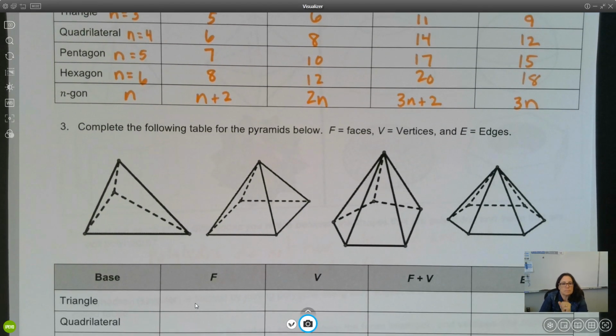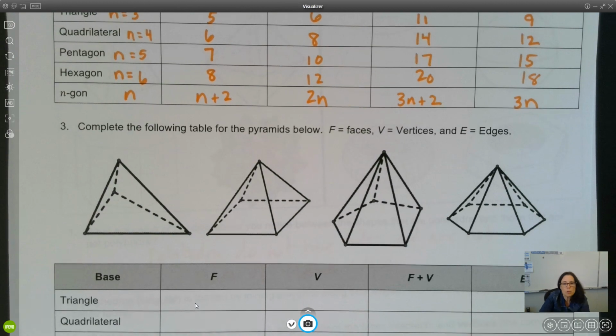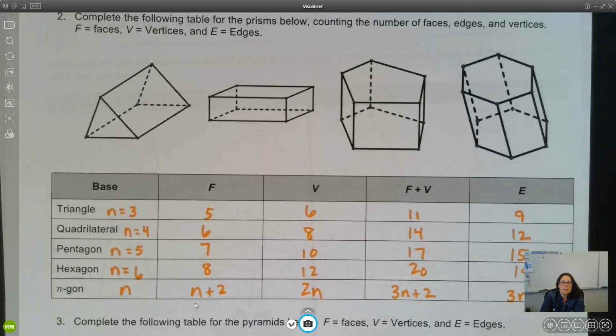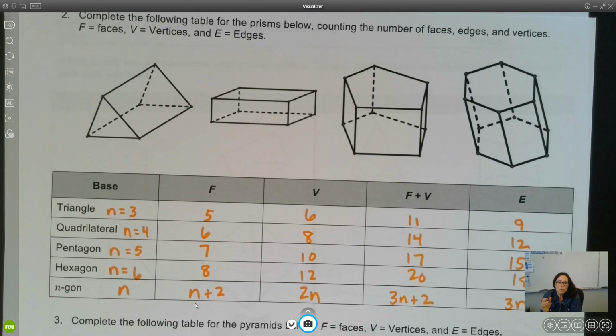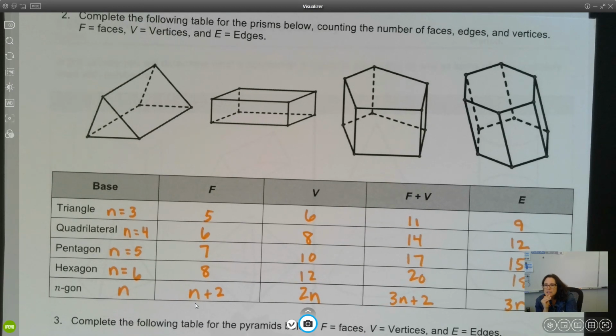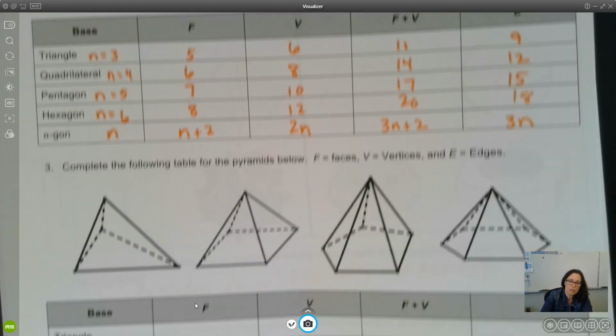All right, complete the following table for the pyramids. Okay, these were all prisms. Prisms have 2 bases that are polygons, connected by rectangles. The lateral faces are rectangles.